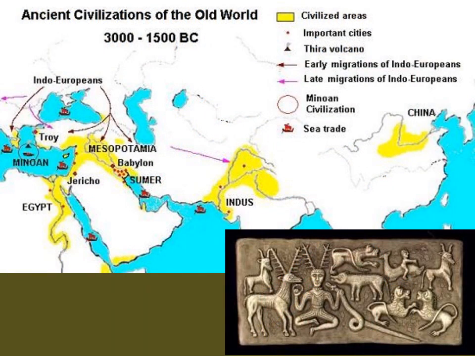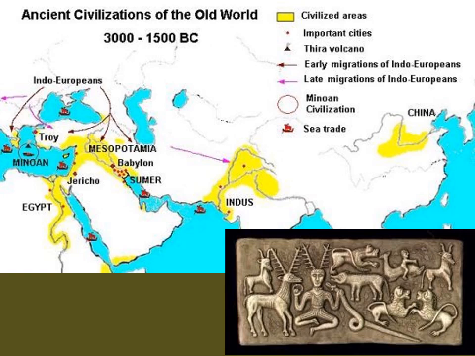So in the center here, we have the Indus Valley civilization, but at the same time there are also other ancient civilizations of the old world, roughly around the period 3000 to 1500 BCE. On the west, we have the ancient civilization of Egypt, and then the ancient civilization of Mesopotamia, with the major city of Babylon. And on the east of India, of course, we have the ancient civilization of China.